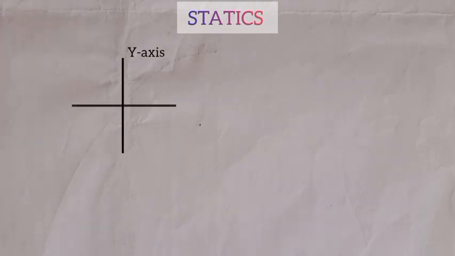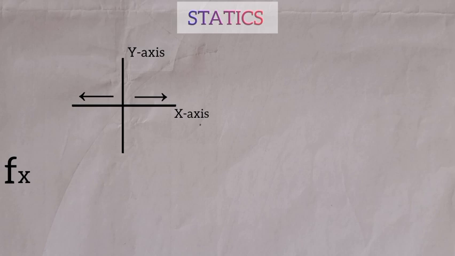If you remember in your mathematics, when we want to plot our graphs, we have what is called the y-axis and we have what is called the x-axis. Any force that is parallel to the x-axis, when I mean parallel, I mean lying down this way, either it is facing the right or it is facing the left, you call it f of x.